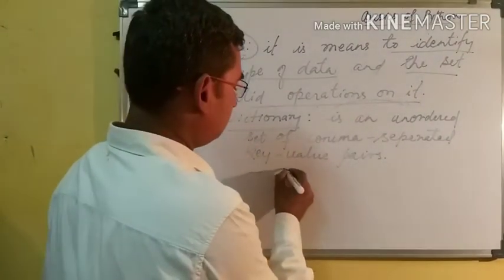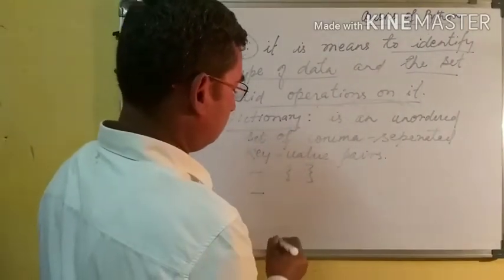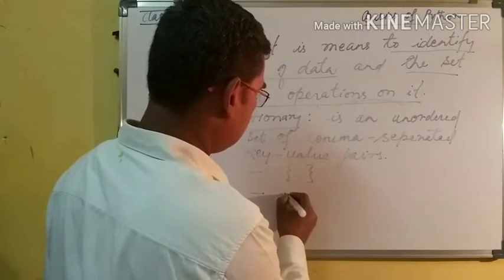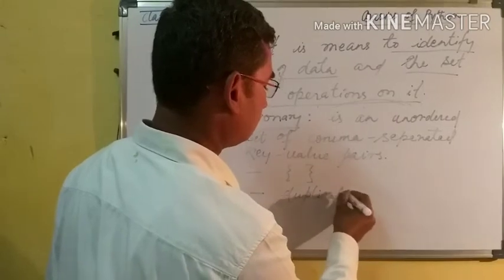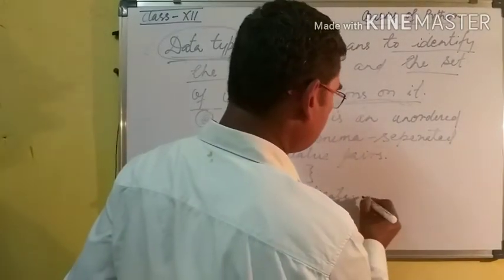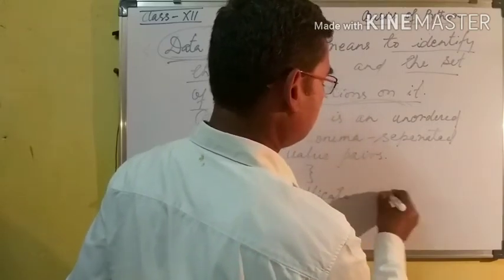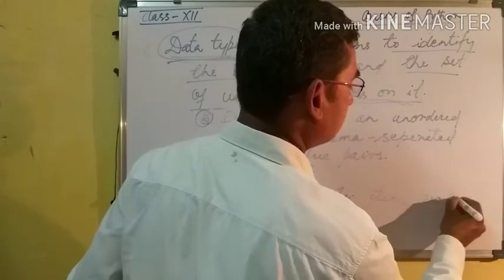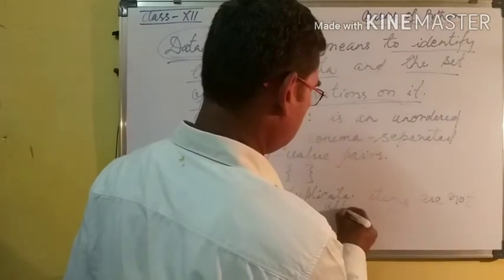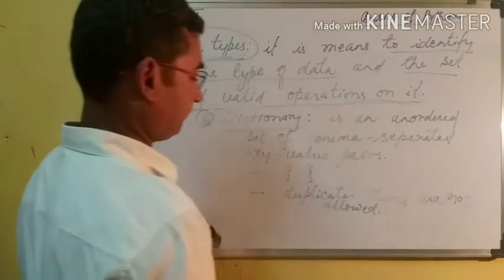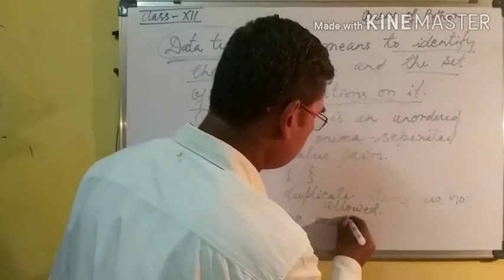It is written with curly brackets. Duplicate items are not allowed. Duplicate items means duplicate keys are not allowed, and dictionaries are of mutable type.